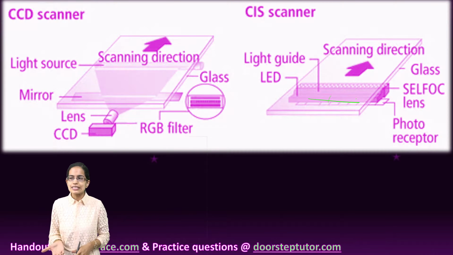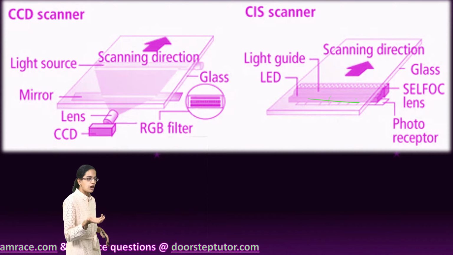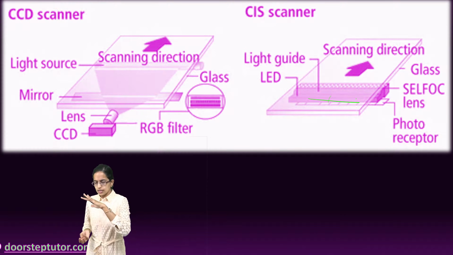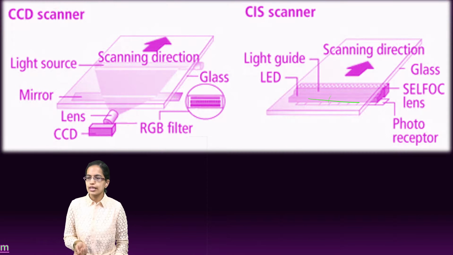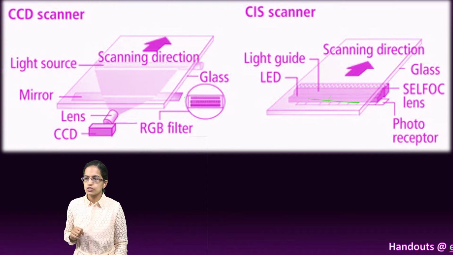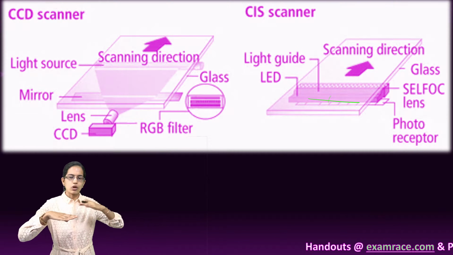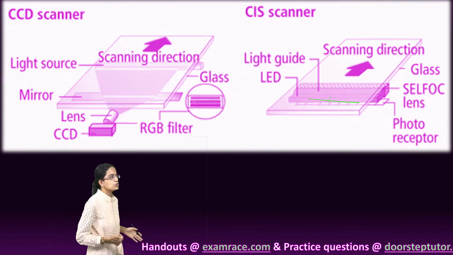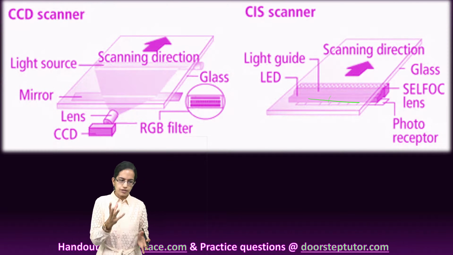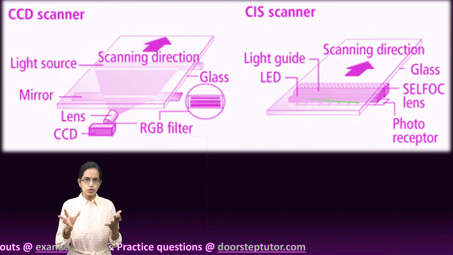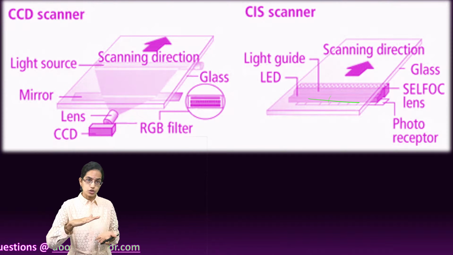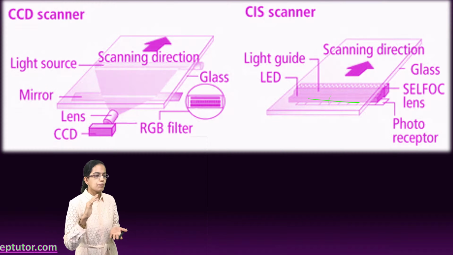However, in a CCD scanner, which is a charge coupled device, you have a ray of light that is emitted from a source, and then you have a scanning direction which is followed. So there is a mirror on the top through which the scanner moves. In the scanner, usually light emitting devices are used. These could be fluorescent lamps, and a digital camera with high resolution is usually part of it.